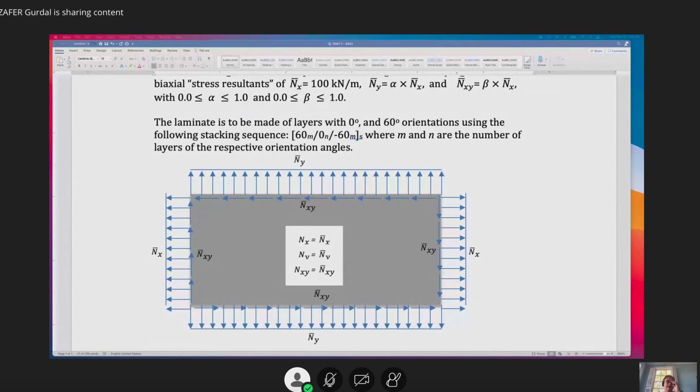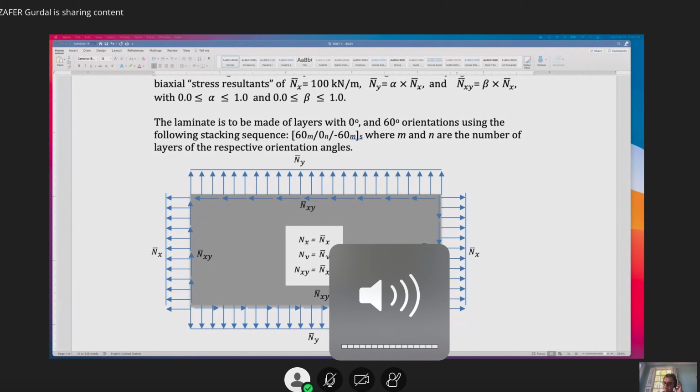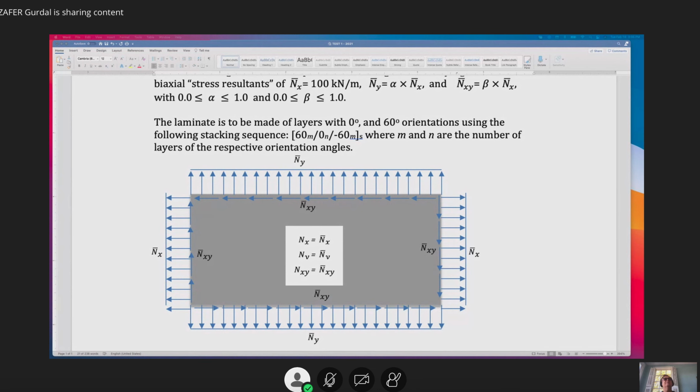All right. I did some explanation on this. If you need, you can later on call me or text me or send me an email message with your questions. So I'm not going to repeat what I just said. The design problem is to find M and N so that the stress requirements are satisfied.